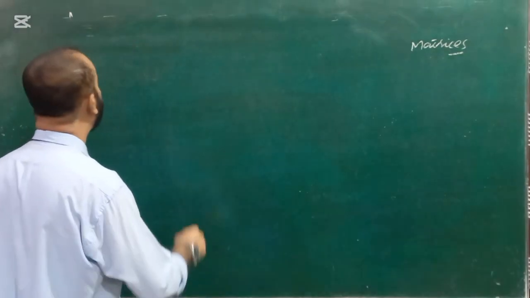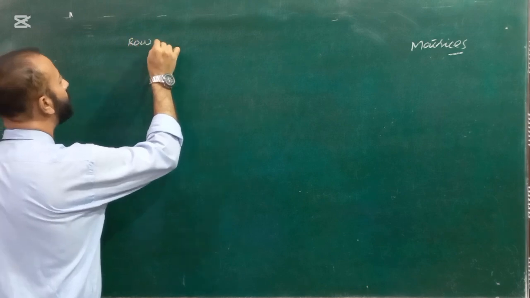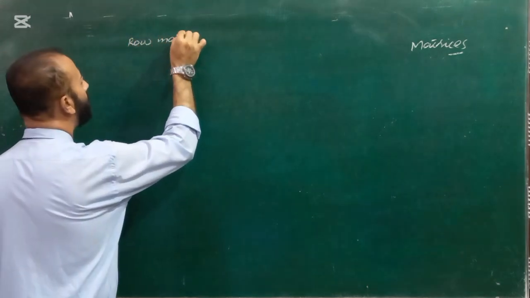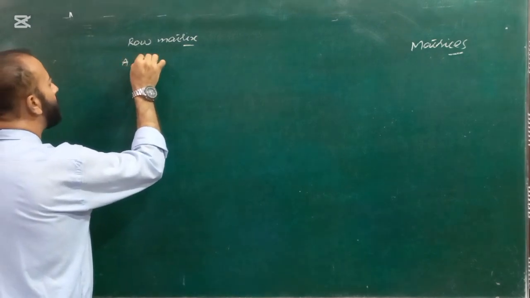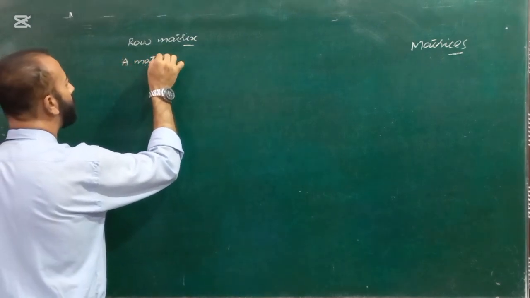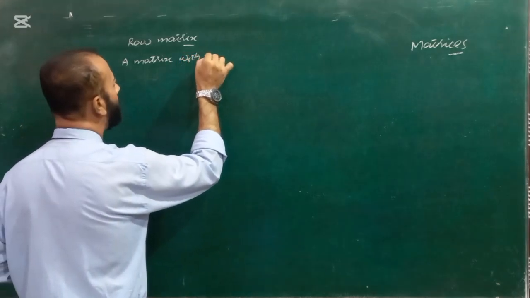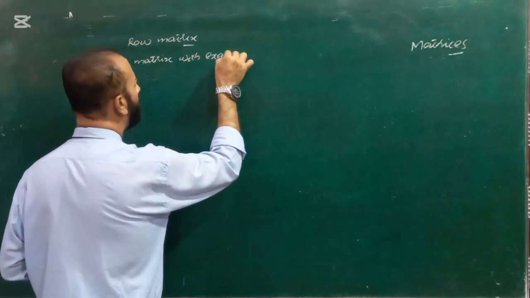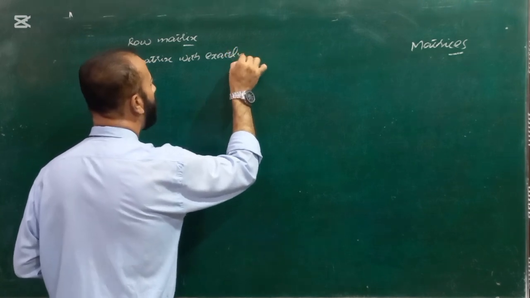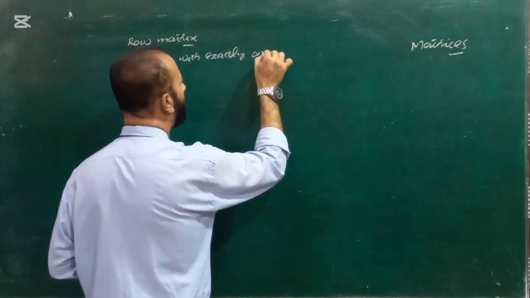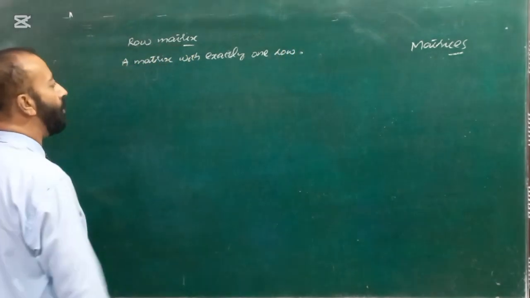The next thing that we are going to read in the topic is row matrix. So concentrate yourself. A matrix with exactly one row is called a row matrix.